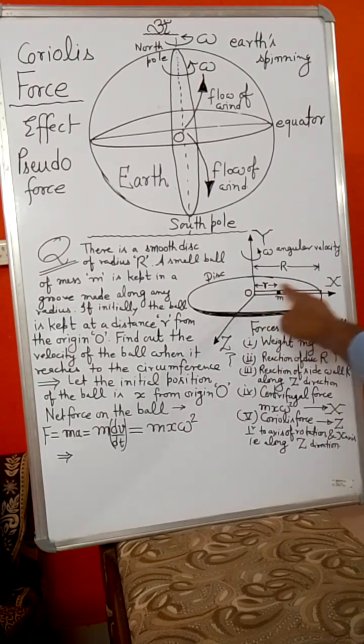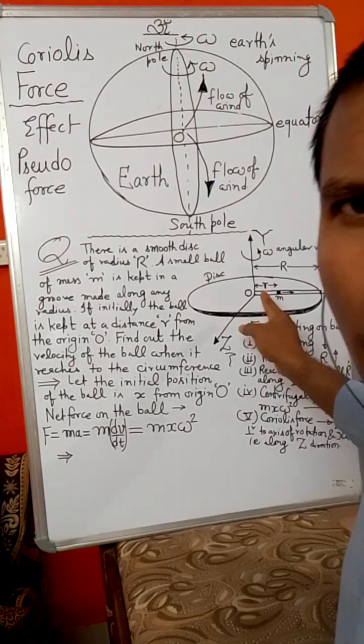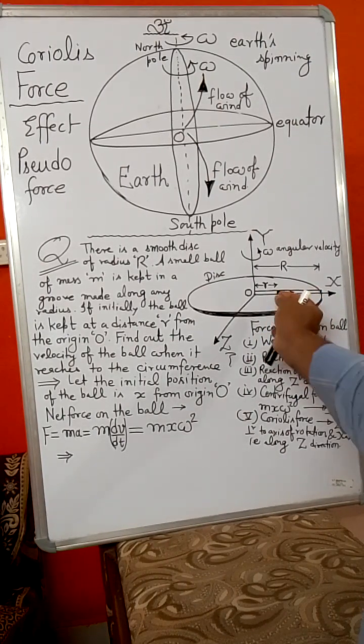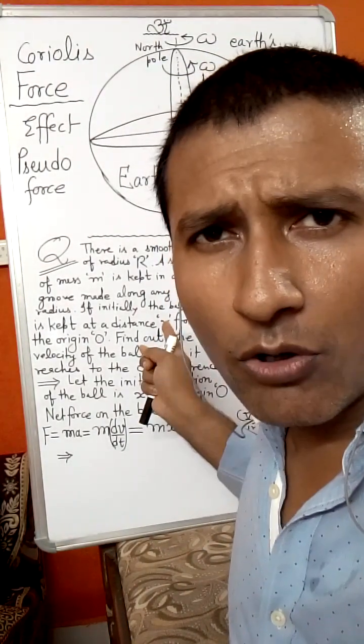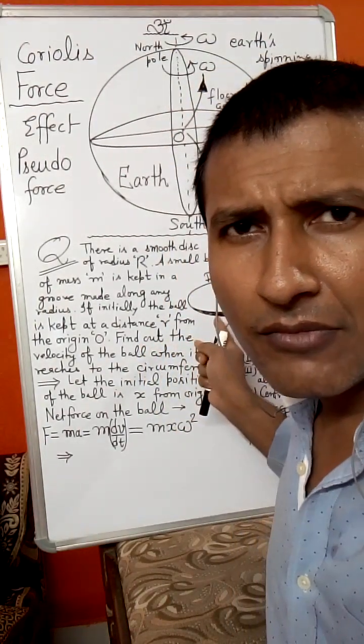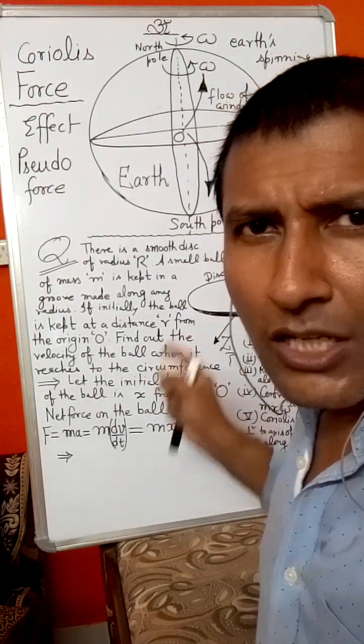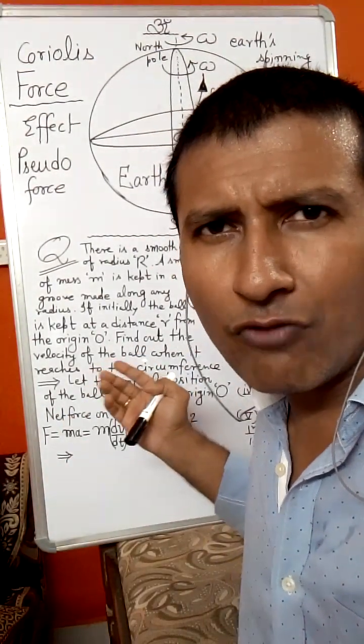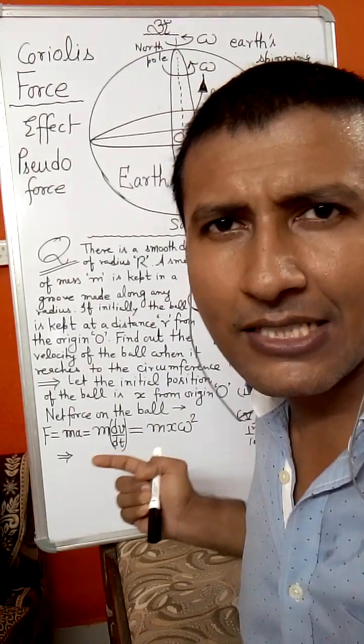So from O to X, this small ball will start moving. The position of this ball keeps on changing every time. Now let's take the frame of reference of this rotating uniform disc.